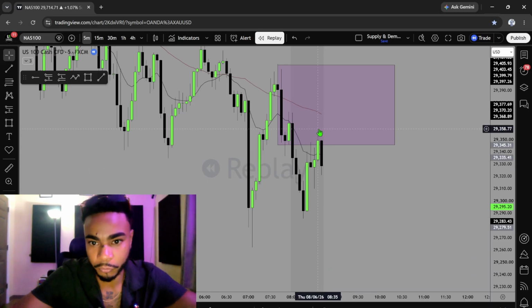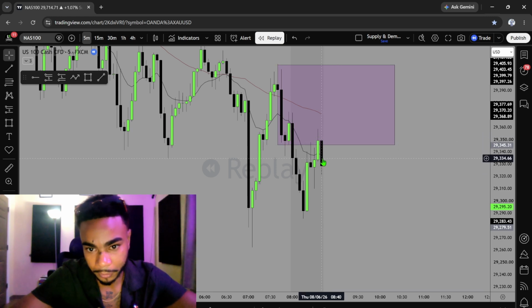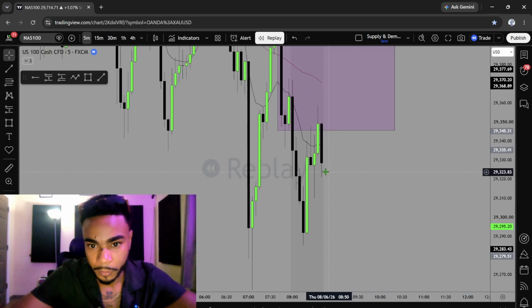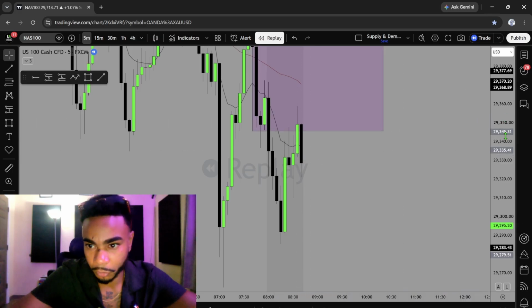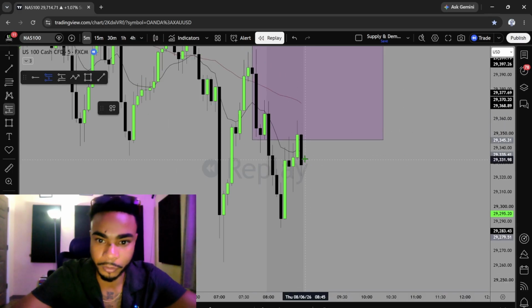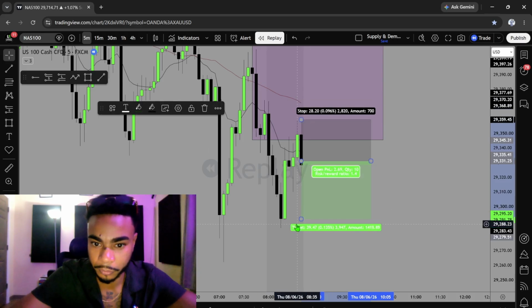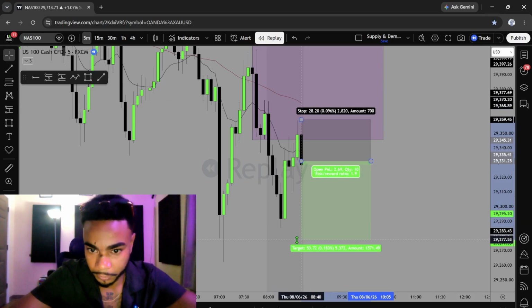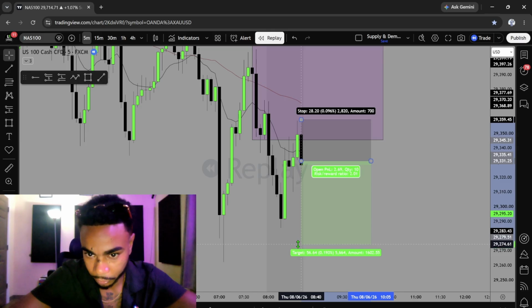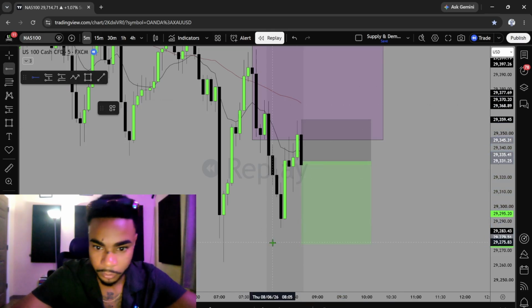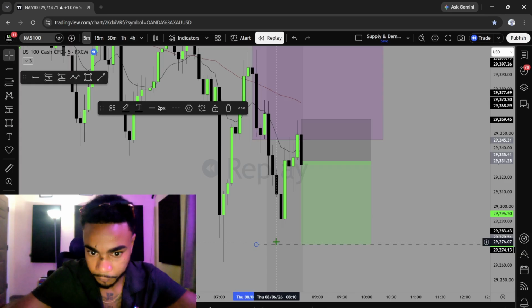Price came deeper into the zone and rejected off of it, and then gave us another candle, a black candle that came down and broke the recent candle low. So that was another entry right there. I got back in again, stop loss right there, and basically, target is 1 or 2.